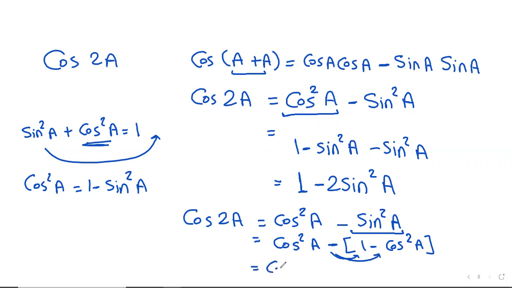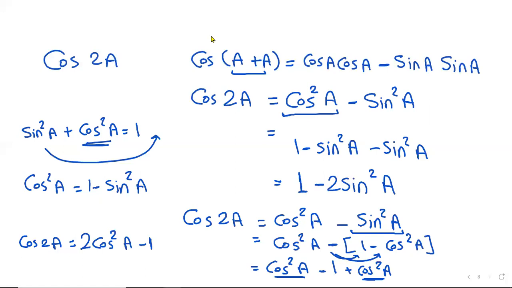That is equal to cosine squared A minus 1 plus cosine squared A. So cosine 2A is equal to, here we have cosine squared A and cosine squared A, 2 cosine squared A minus 1. Then we have rules for cosine 2A.